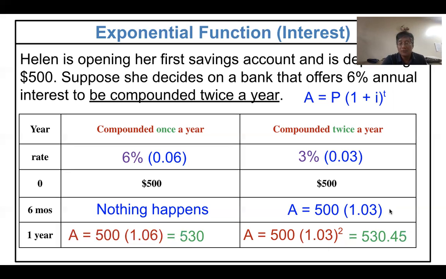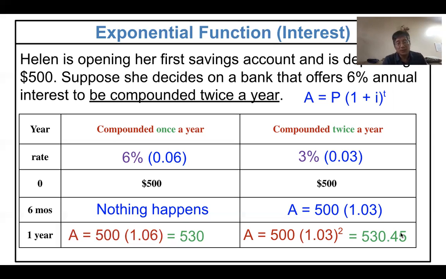And then when you calculate the interest again after 6 months, not only the $500 makes interest, there's also another $15 that also makes interest, right? Which is 45 cents.